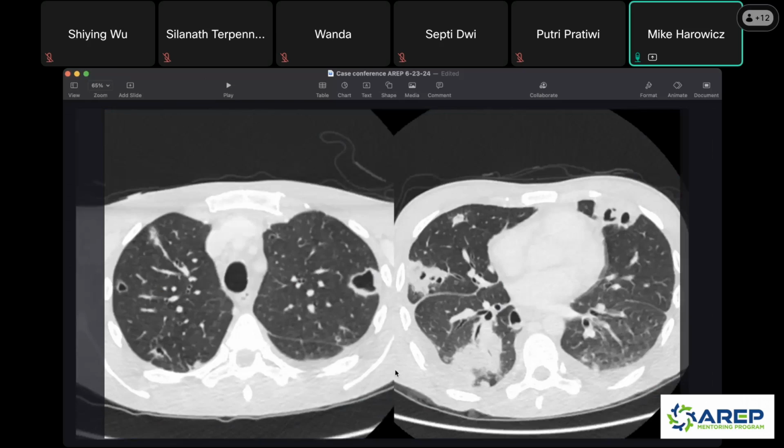Let's everybody take a look and digest what we're seeing. All right. Messy CT. Any takers for any of the findings?